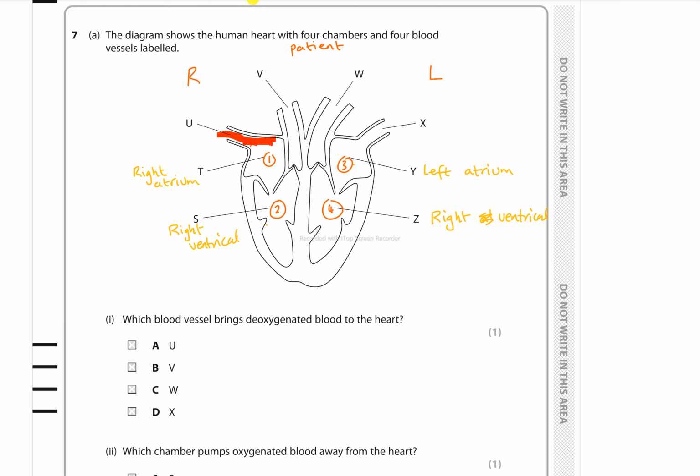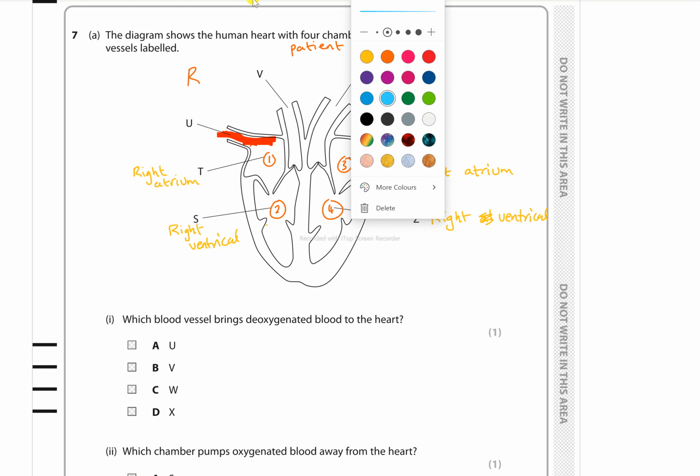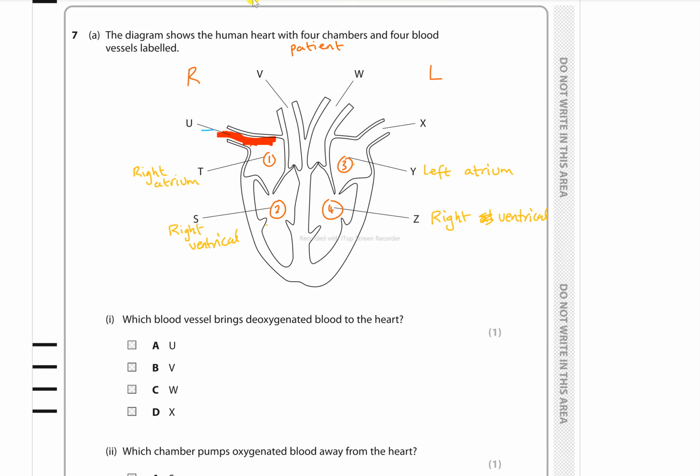Blood comes in through the vena cava and goes into the right atrium. So you're following the blood through, comes down here through the tricuspid valve. Let me write that down. Tricuspid valve.